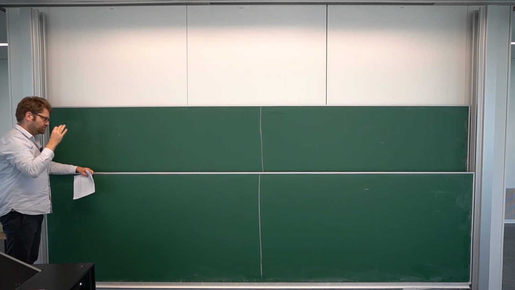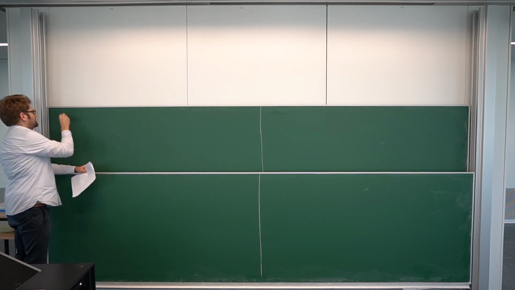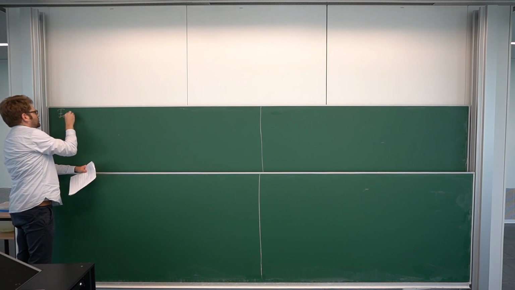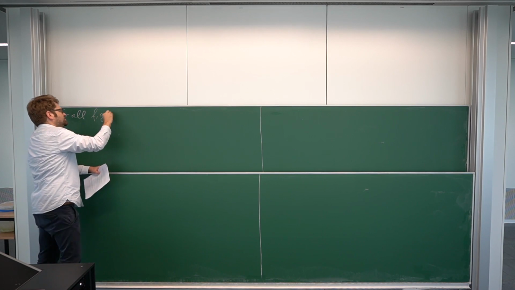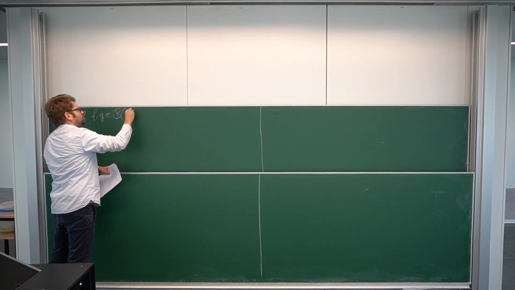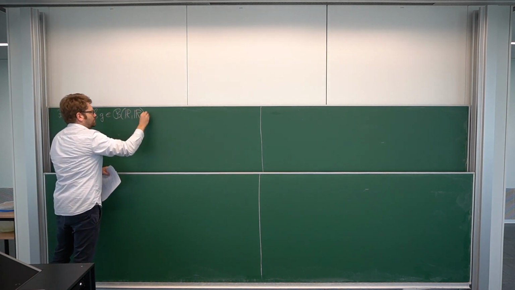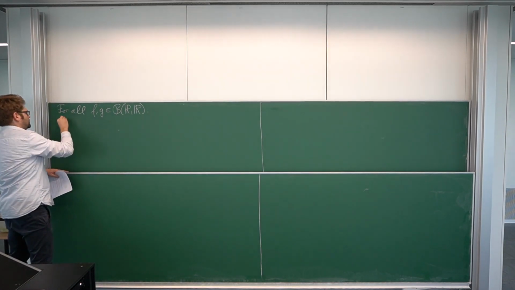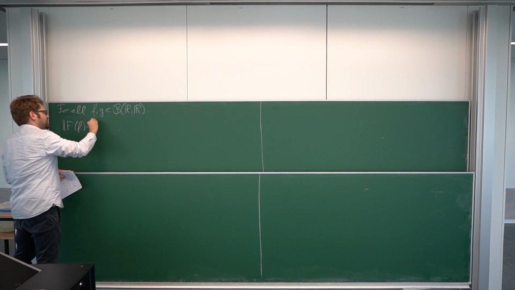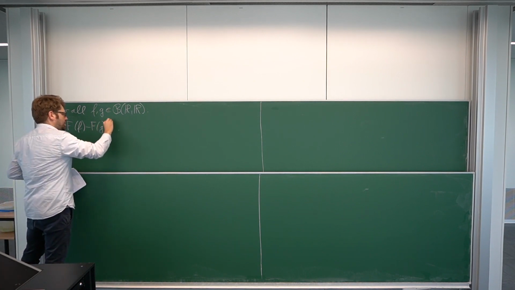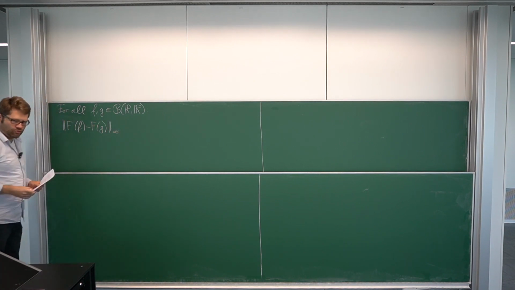So we need to consider the metric induced by the norm. This means we need to consider, for all two elements of the metric space, meaning f and g in the space B(R,R), these differences: the norm of F(f) - F(g), where this time we have the sup norm.